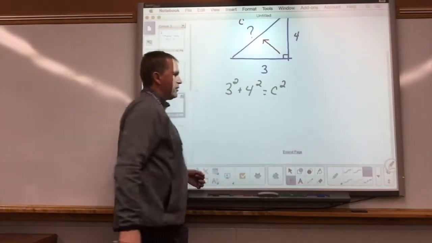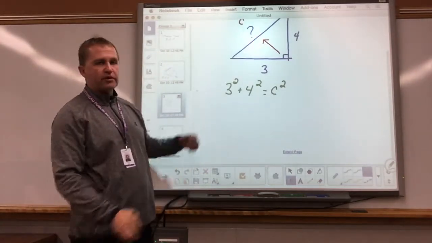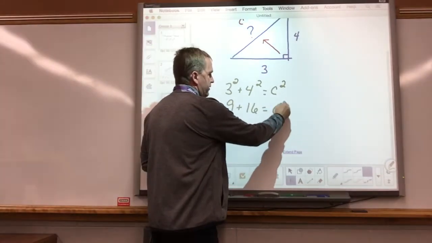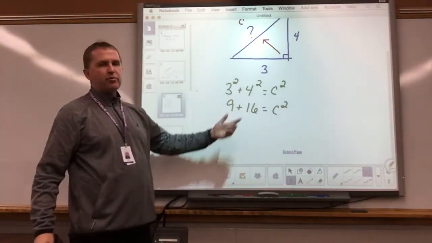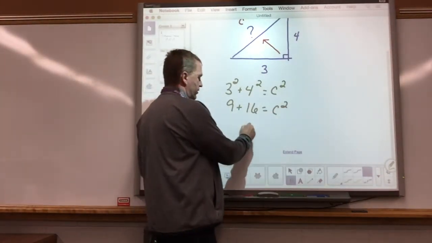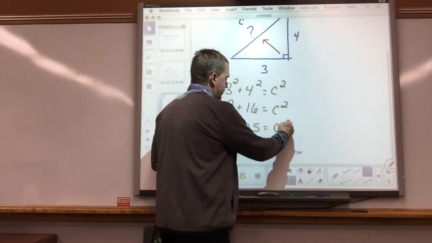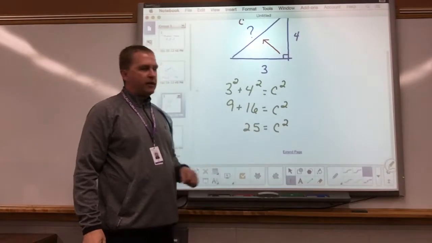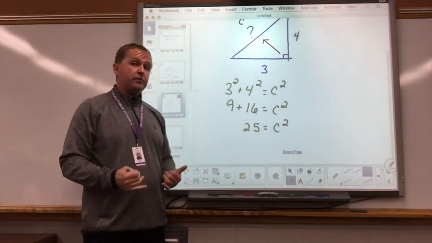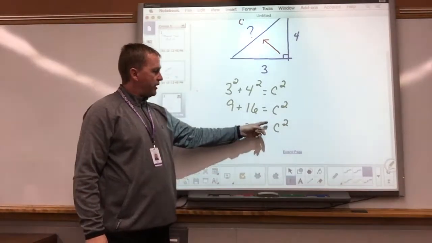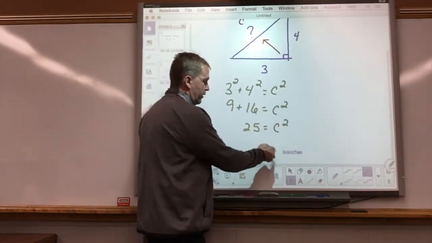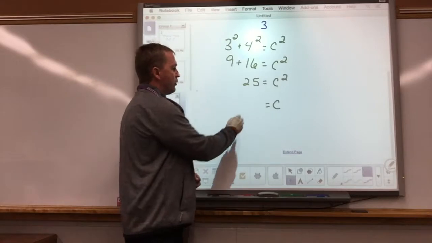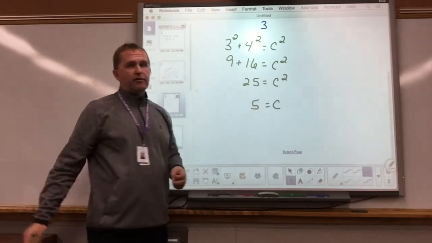Our job now is to use a little bit of what we know about exponents. 3 squared is 9, plus 4 squared is 16, still equals C squared, and 9 plus 16 with a little bit of addition turns out to be 25. So C squared is 25, and the question really becomes, what number could you square to get 25? Or if you want to think in terms of opposite operations, if I take the square root of C squared, I will get C, and if I take the square root of 25, I would get 5.